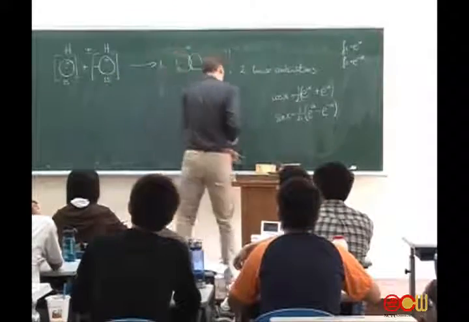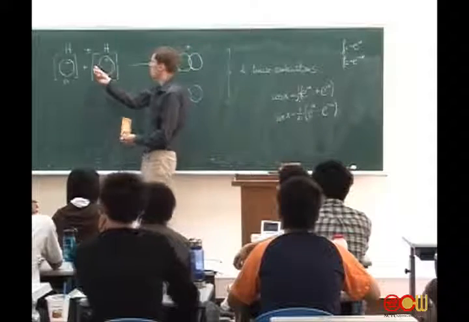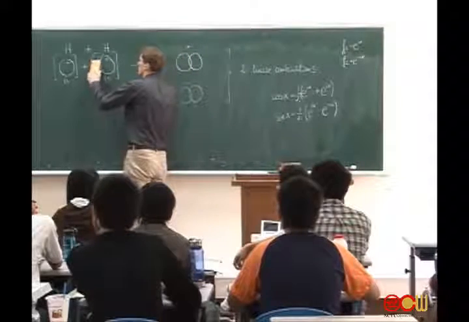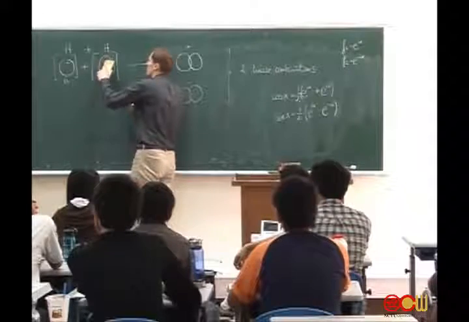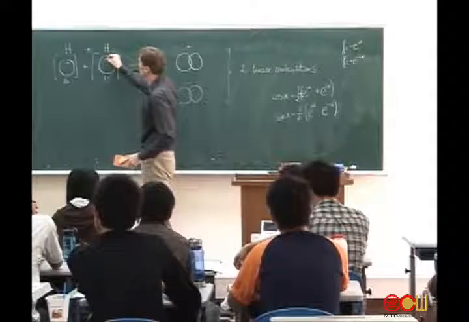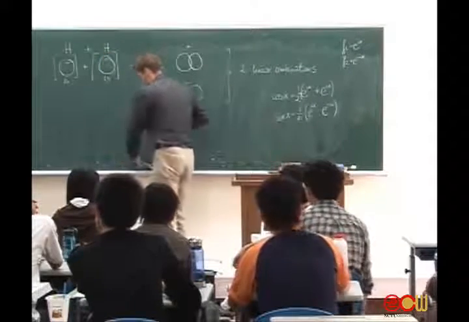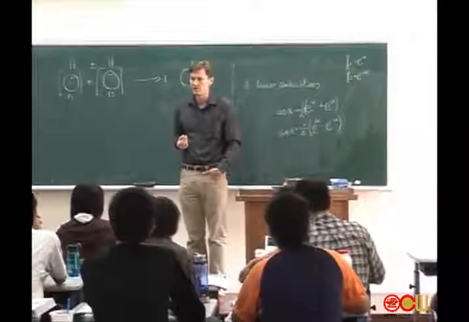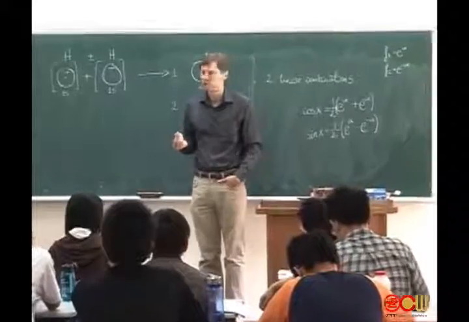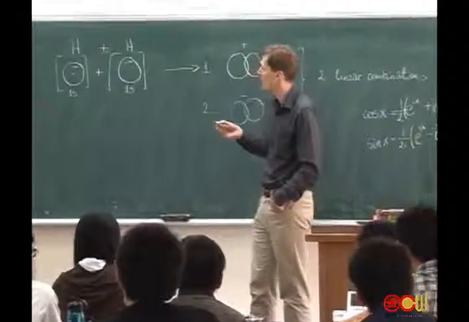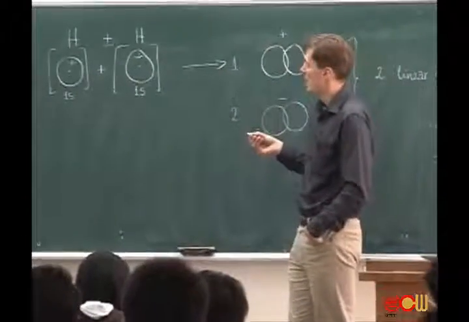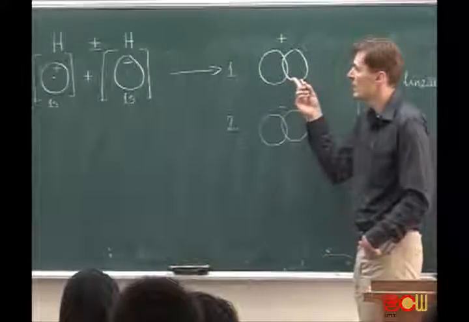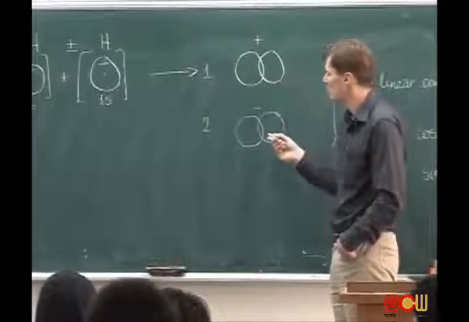If I put that minus inside the wave function, I get a wave function that is everywhere negative. You remember that the sign of the wave function doesn't matter in physics, because what matters is the square, so the sign is gone. So now we have two linear combinations, one with the plus sign, one with the minus sign.